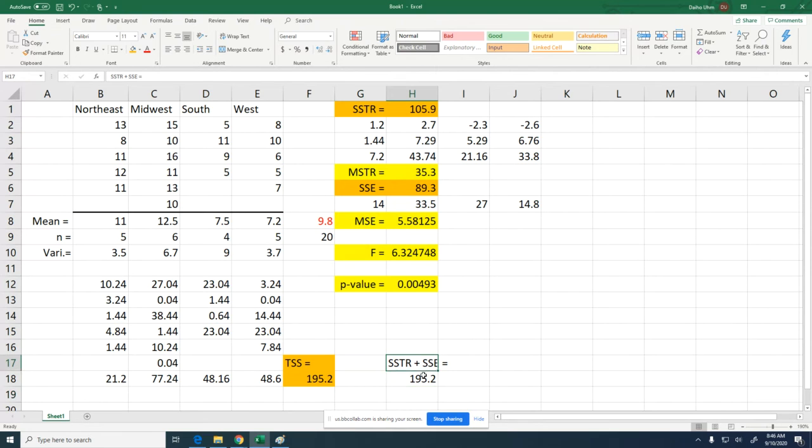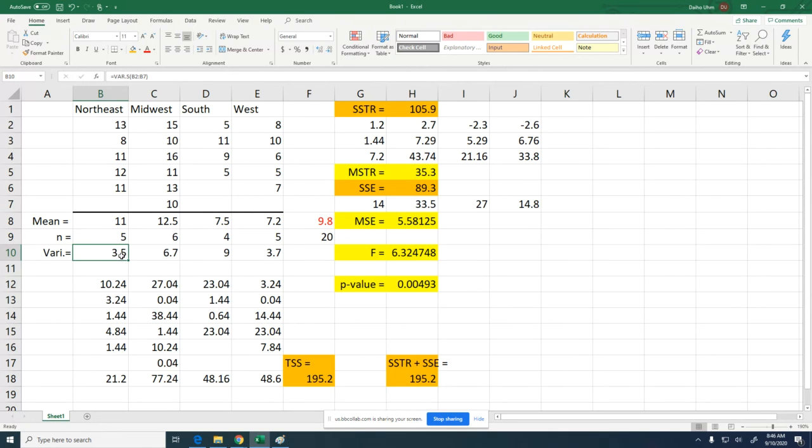Same. It's very interesting. It is the same. Okay. So today, I can give you one more sum of squares named the TSS, but it is same as the summation of the two sums of squares. Okay.